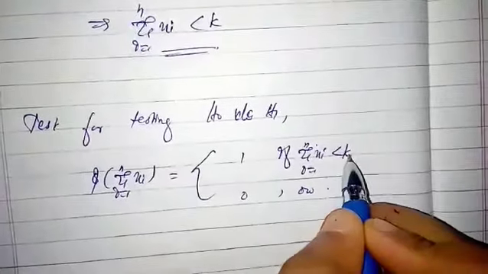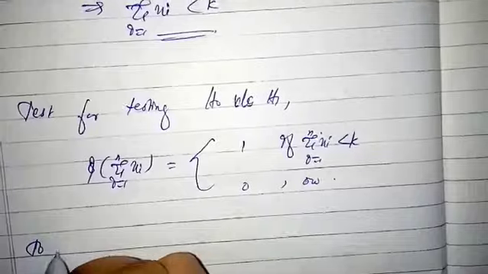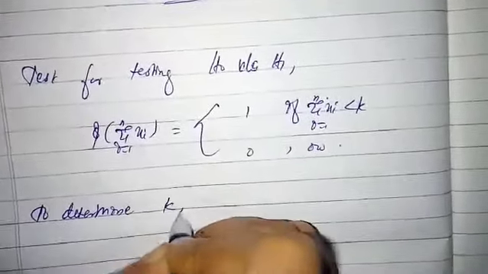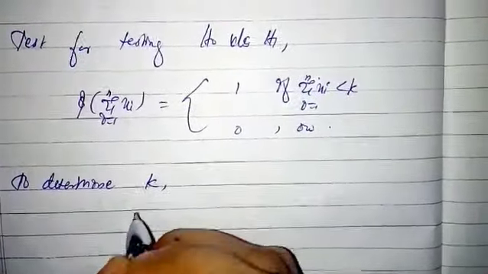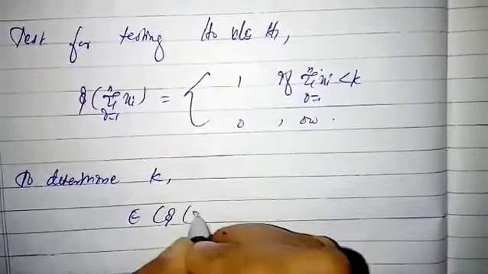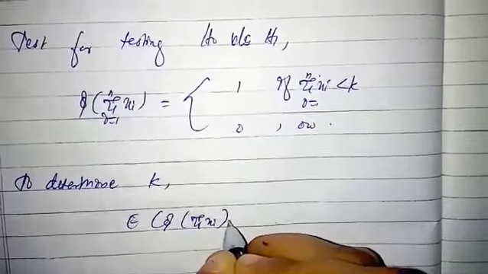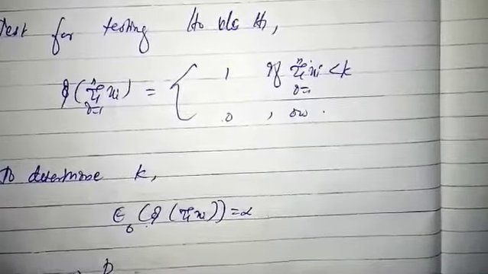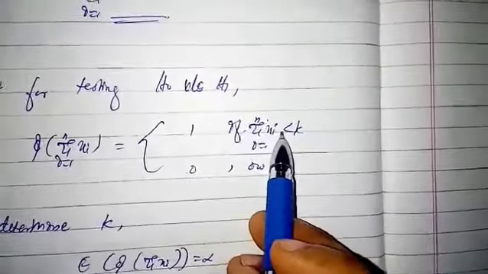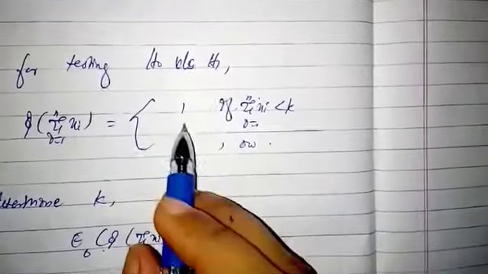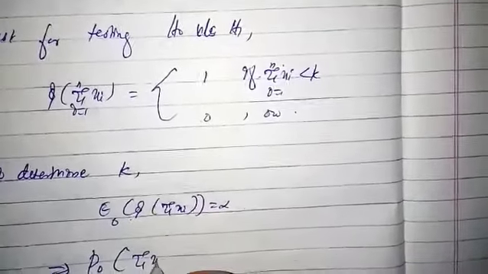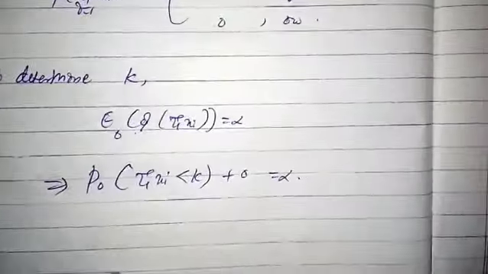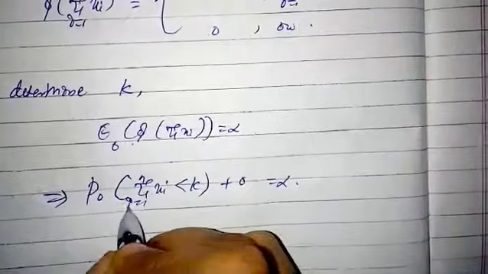Then here we need to find out the value of k. To determine k, we can use the size of the test, that is, the expectation of phi of summation xi equal to alpha, which implies the probability of summation xi less than k, plus 0, equal to alpha, i from 1 to n.